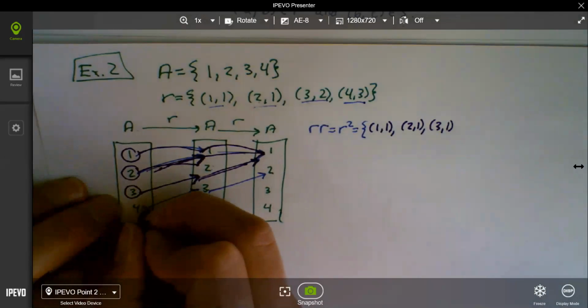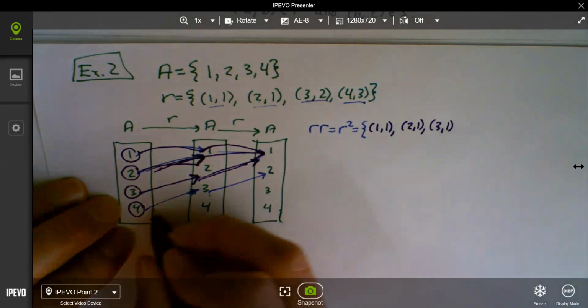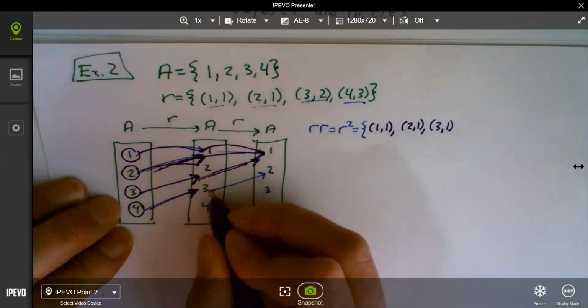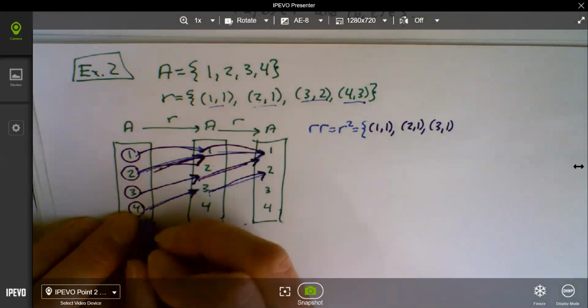Then we'll take the last element in A, 4, from the left column. It points to 3. And then 3 points to 2. So 4 to 2.